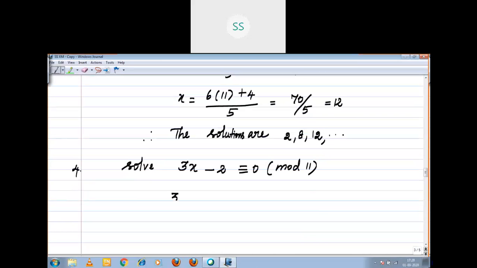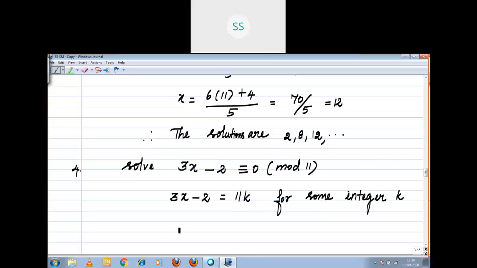Here how can you write 3x minus 2? 3x minus 2 is equal to 11k. You don't bother about the number here. Normal procedure what we follow, the same.